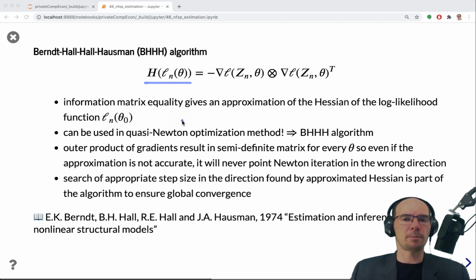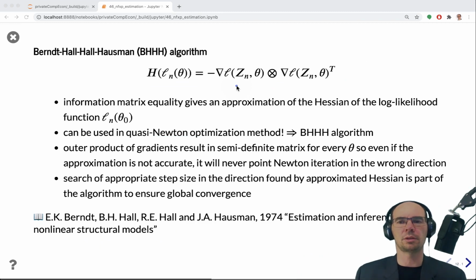Great. So we can form our quasi-Newton optimization algorithm based on this approximation. That allows us to only use the gradient of the log likelihood function to understand something about the shape, the Hessian of this function. Moreover, the outer product of gradients results in a semi-definite matrix.